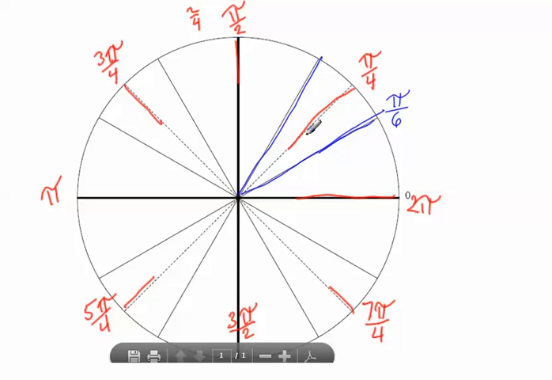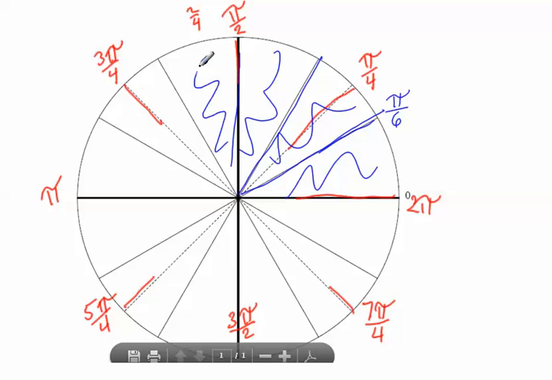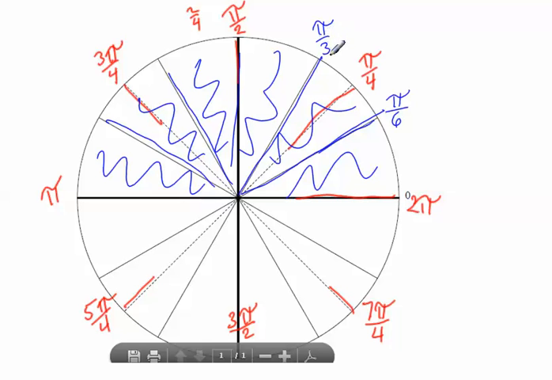Because if we're dividing it into 6 pieces, here's 1/6, 2/6, 3/6, 4/6, 5/6. Okay, so 6/6 makes the whole. So 1/6, 2/6. Think about the fraction 2/6. 2/6 reduces to 1/3. So that's pi over 3.